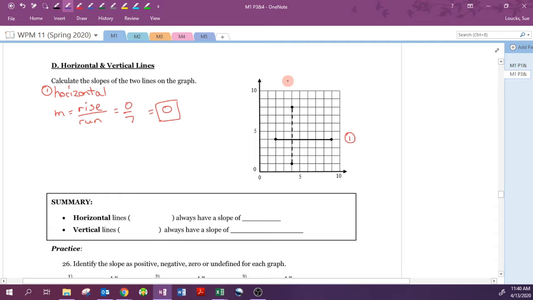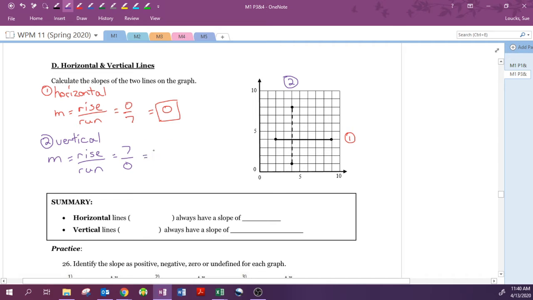And then let's do this line, which is the vertical line. And if I try and calculate its slope, m equals rise over run, the rise from one point to another, I'll go from the bottom, 1, 2, 3, 4, 5, 6, 7. And the run is 0. There's no horizontal change for that.